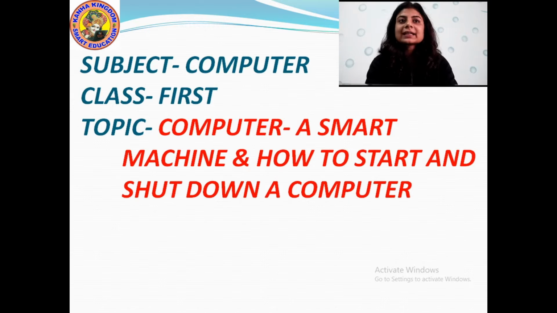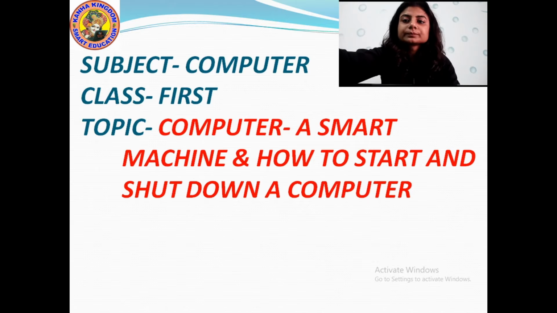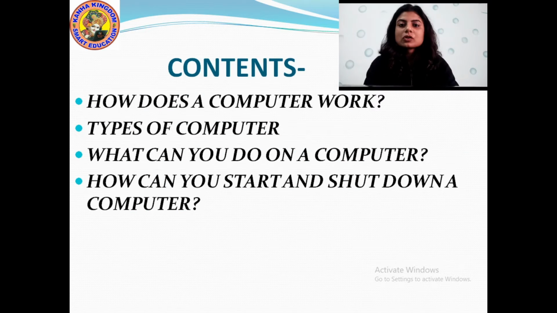Alright, so let us see the contents. What are we going to study in this chapter? So students, the contents that we will study in this chapter are how does a computer work? Okay. Then what are the different types of computer? It is written there, types of computer.